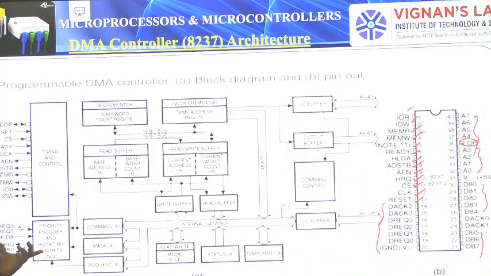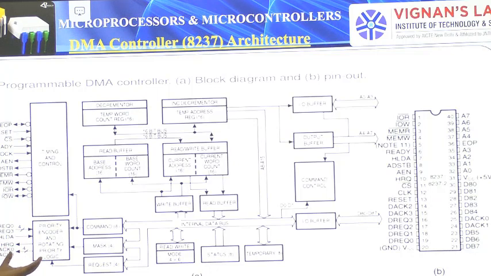We have a programmable DMA controller block diagram, and that is the pin diagram. The pin diagram for the DMA controller is on that side. This is the timing and control logic which is handled by the DMA controller.